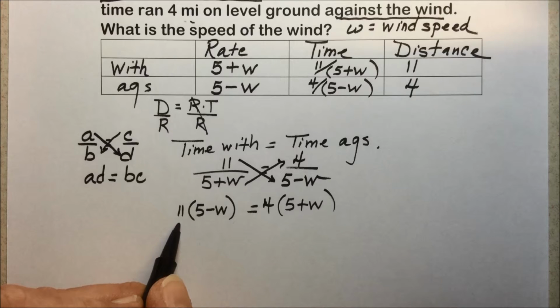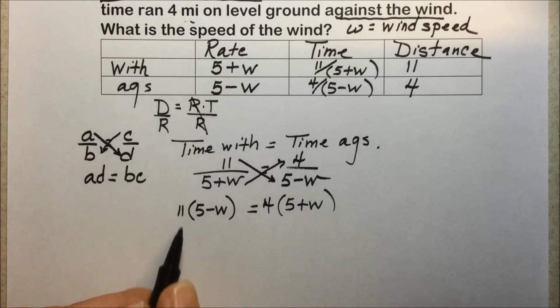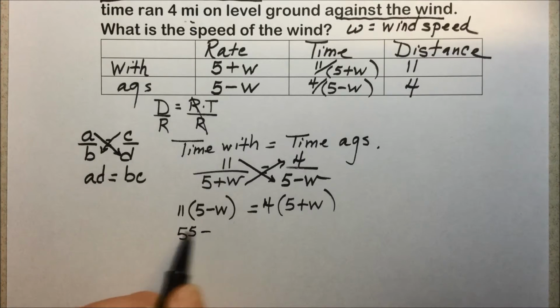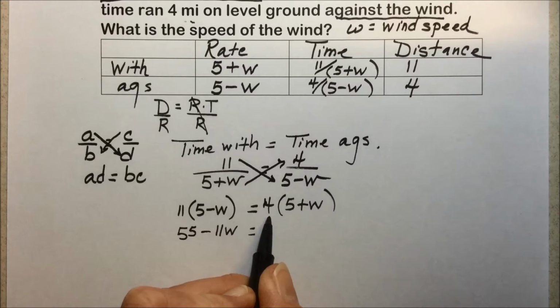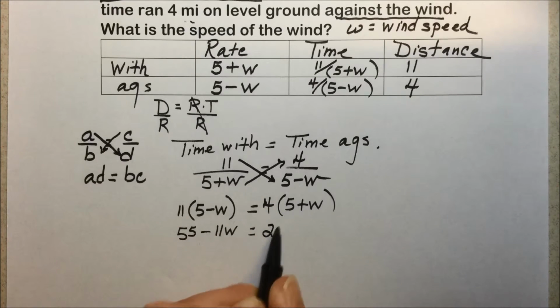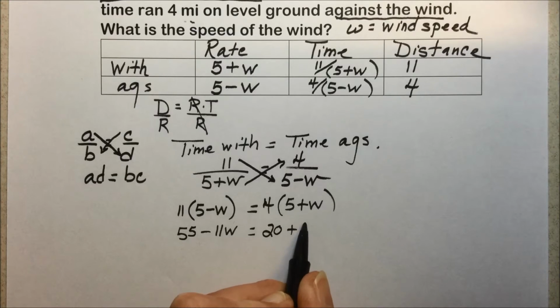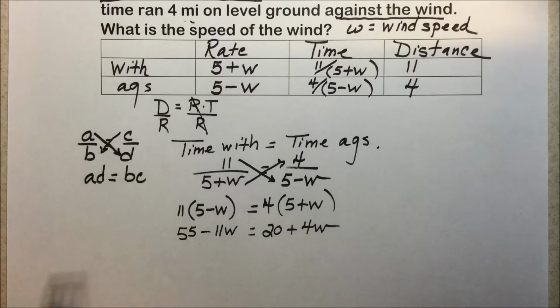We need to use the distributive property: 11 times 5, 55, 11 times W. On the right-hand side, 4 times 5, and 4 times W. We've eliminated the parentheses. There are no similar terms to simplify on either side.